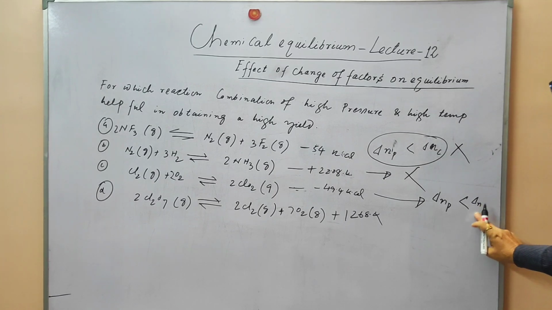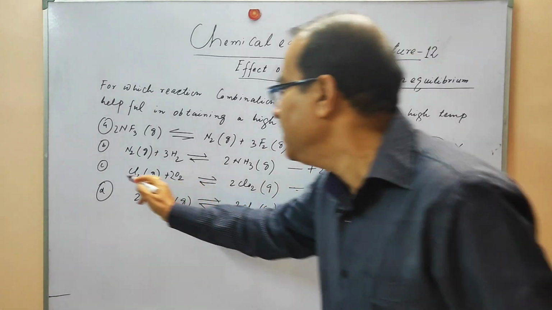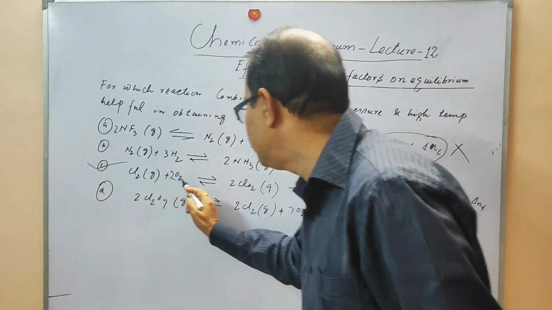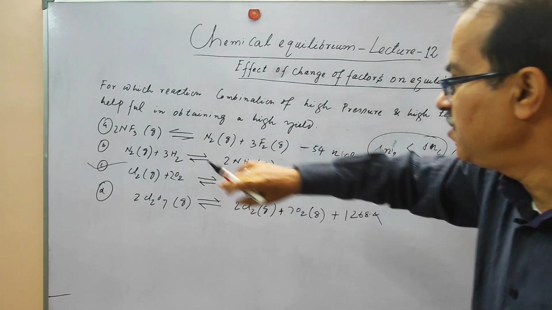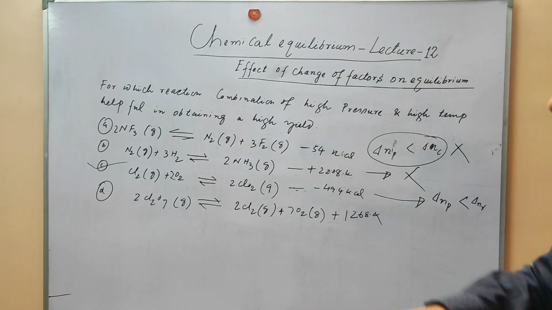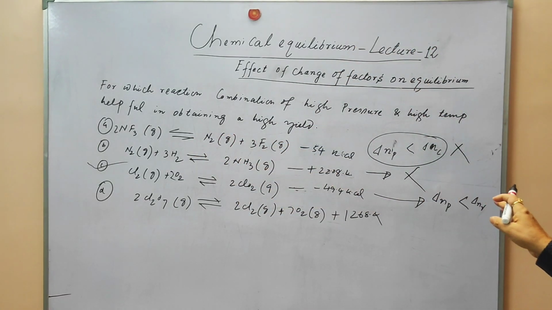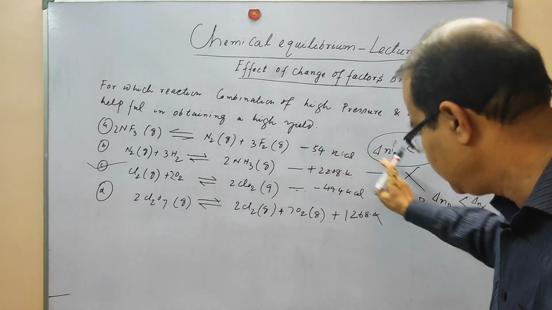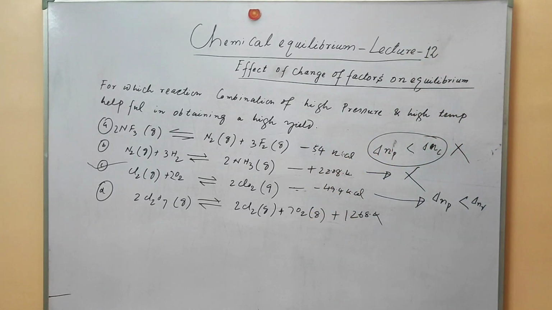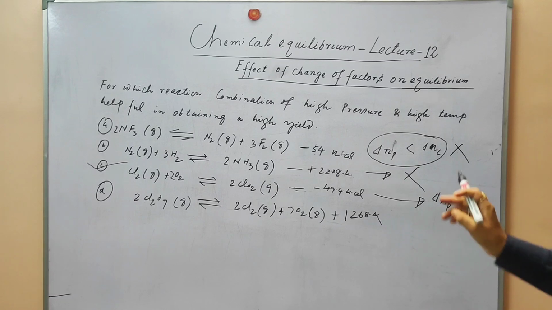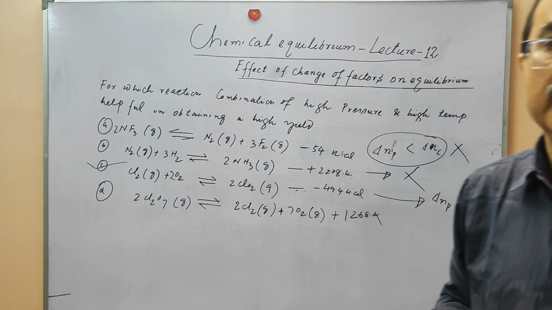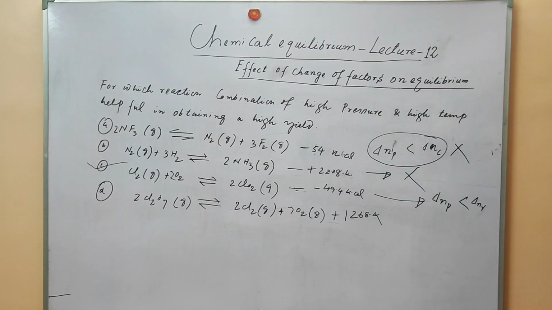So in this case you will find there will be high yields, because here 3 moles produce 2 moles. When we increase the pressure, the reaction will go in the forward direction, and this is also an endothermic reaction. When you increase the temperature, the equilibrium constant will increase, and that will give a good yield. Okay, this type of question will come.